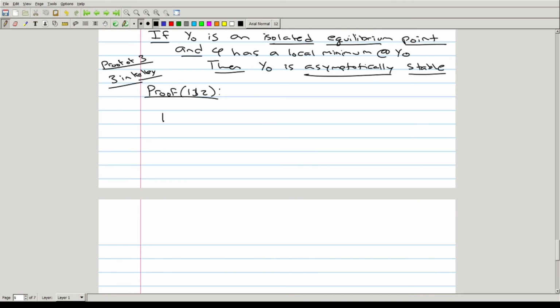So for 1, we can go through and directly do this using the chain rule. Take the derivative of phi of y of t. It's interesting to ask yourself why we can apply the chain rule here based on our previous differentiability assumptions. Be very careful about this.